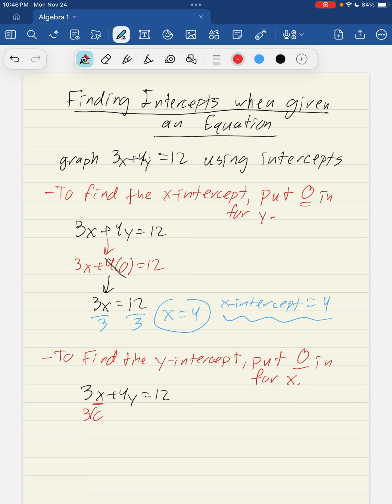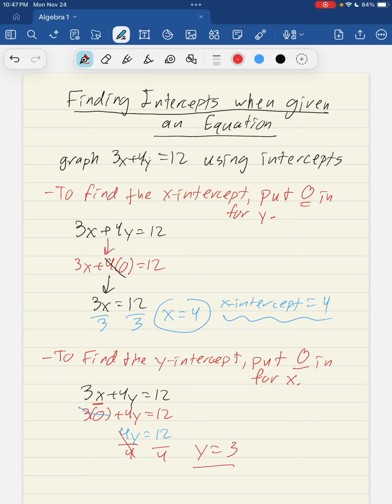So 3 times 0 + 4y = 12. 0 times anything is just 0, so I can cancel that out, and I just have 4y = 12. Divide both sides by 4, and I get y = 3.